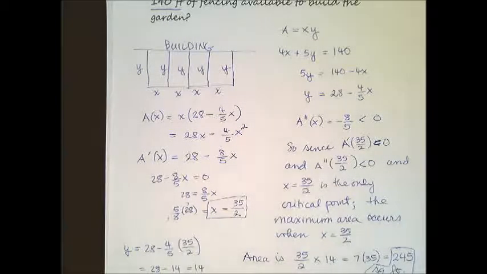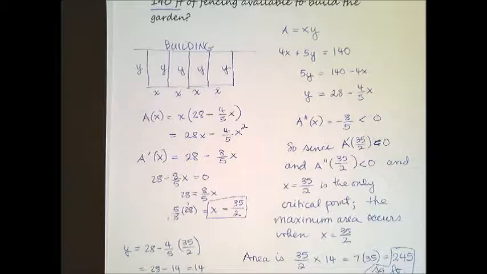I hope you found these examples helpful in your review of optimization problems. I try to include a variety of problems, including ones where diagrams are given, and ones where you had to draw diagrams in a context. They all have a context in them, but all of the steps are similar. Read the problem, make sure you understand it.